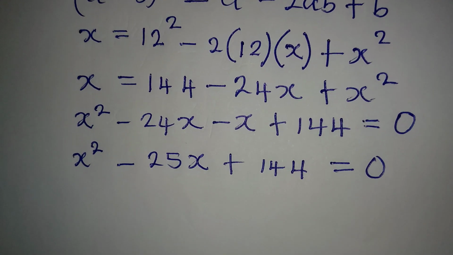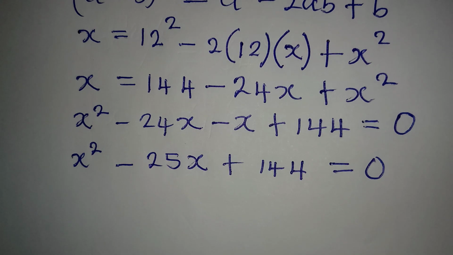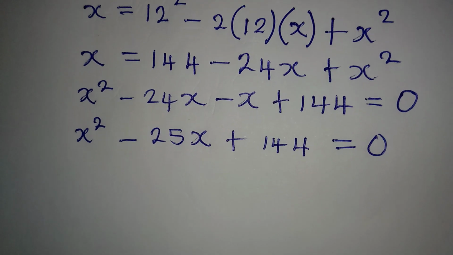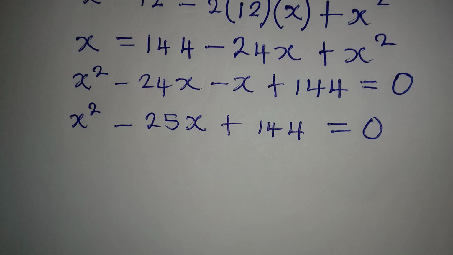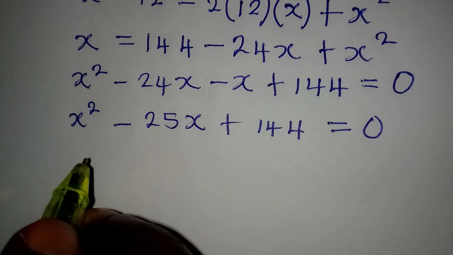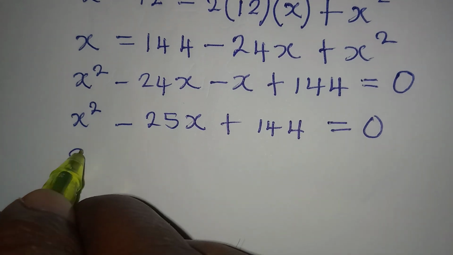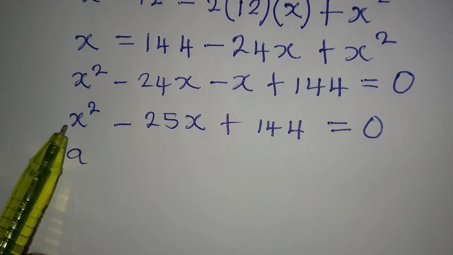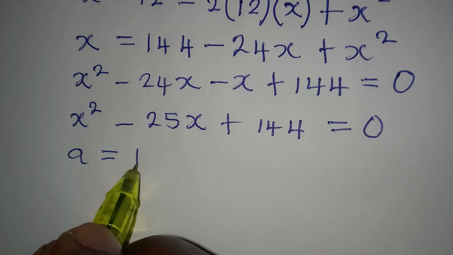But trust me, you can use a lot of methods to deal with this. But then I want us to use the formula method since we wouldn't have to think a lot before solving. Now, let's proceed with the formula method. With the formula, our a is the coefficient of x squared, so it's 1.